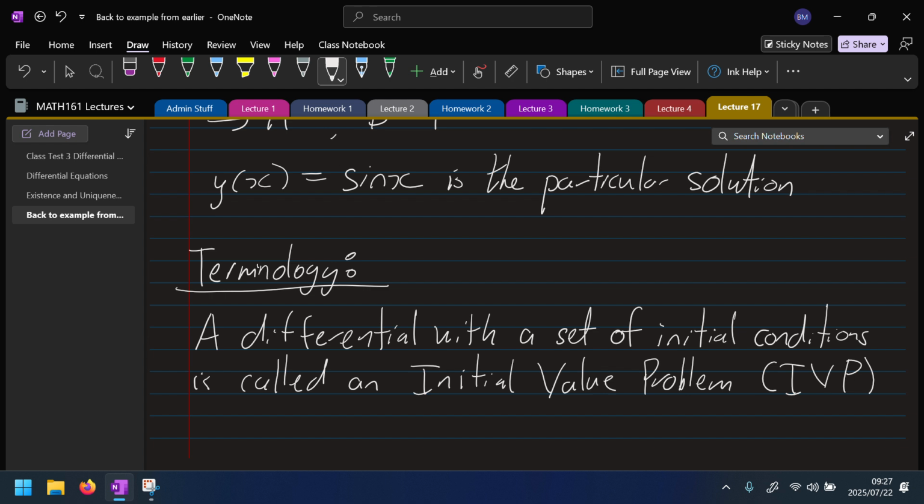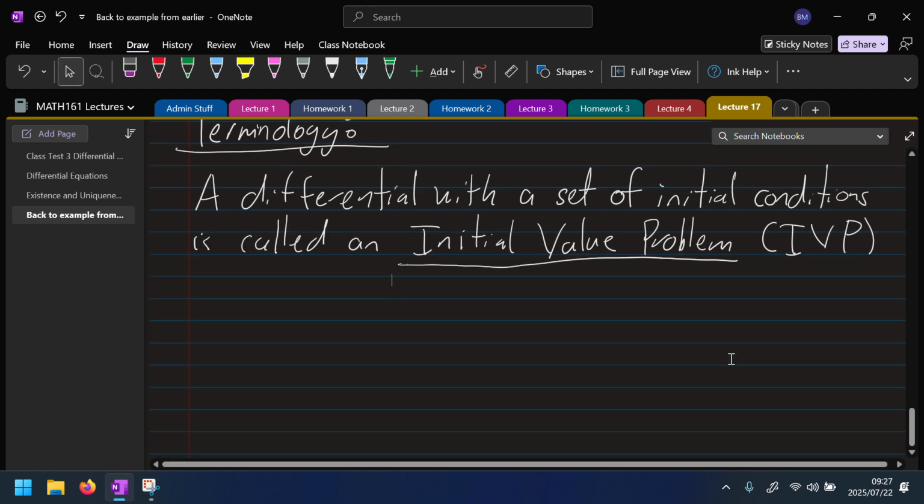Show they're linearly independent. Then you don't have any more to find. Then you get your general solution, A times the first one plus B times the second, step 2. And then step 3, you use your initial conditions to then find A and B, or A, B, and C, or however many you get. Okay, so altogether that is called an initial value problem.